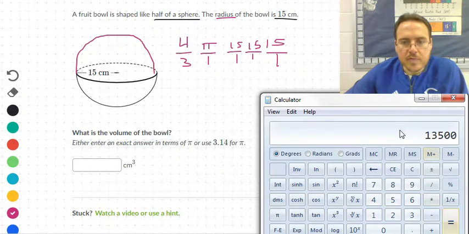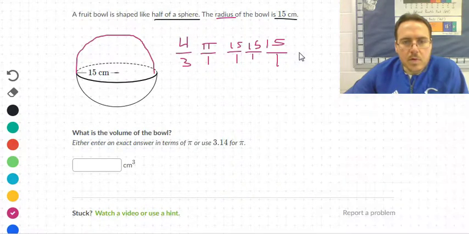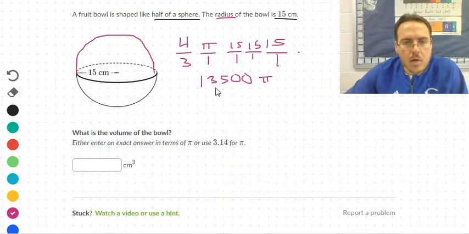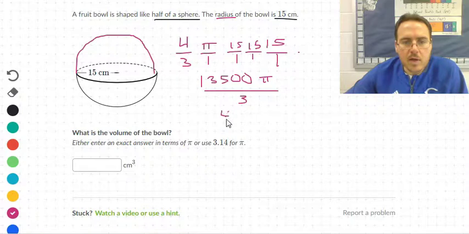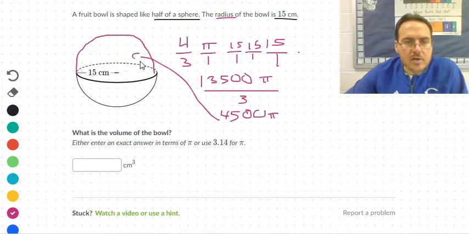Okay, 4 times 15, 13,500 pi over 3. 13,500 divided by 3 is 4,500 pi. Now that's the volume of the entire sphere.